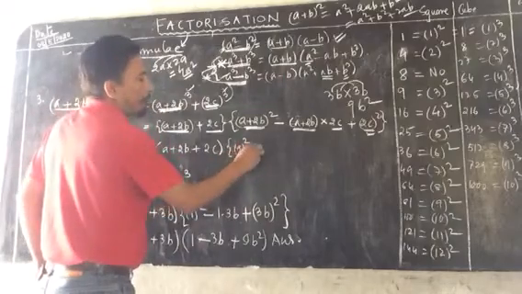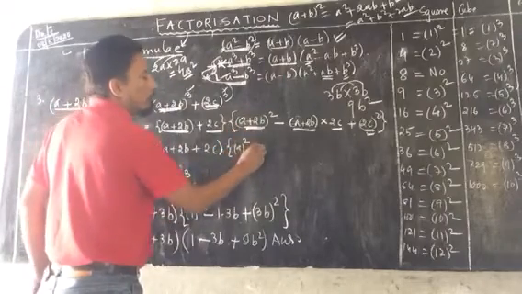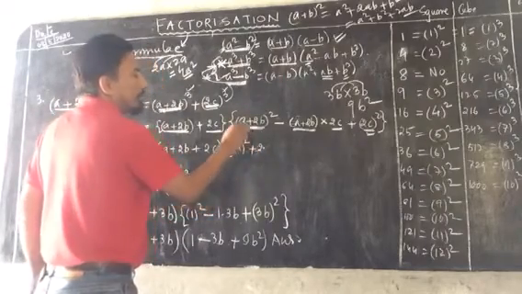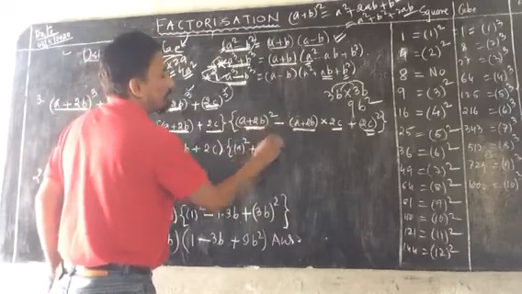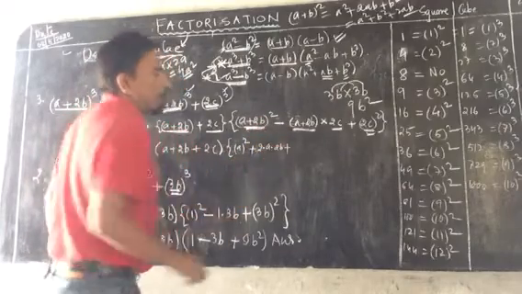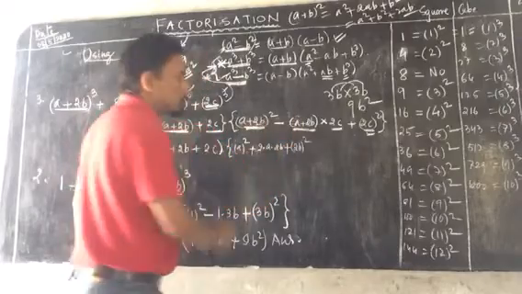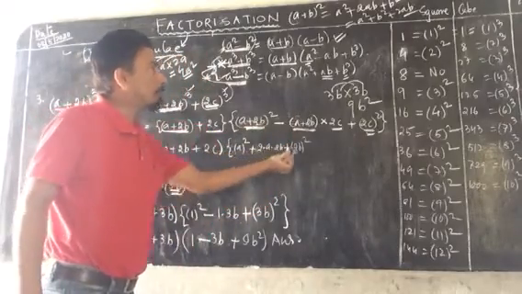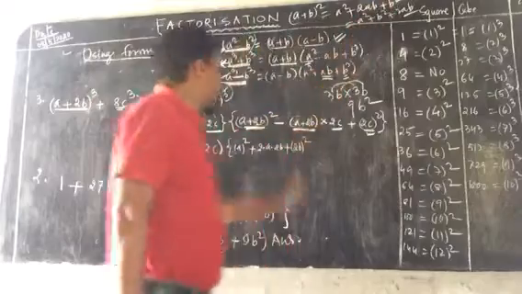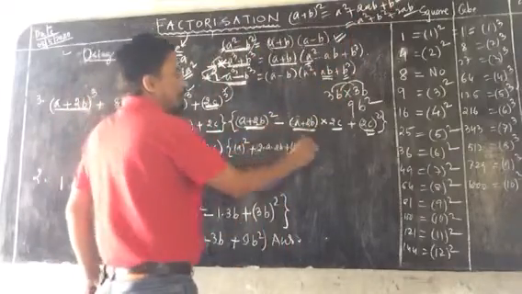Now you see here. A square plus 2AB, 2 from the formula. This is A, it is B. 2AB plus B square, where B is 2B, so B square. A square plus 2AB plus B square in this form. After that minus.